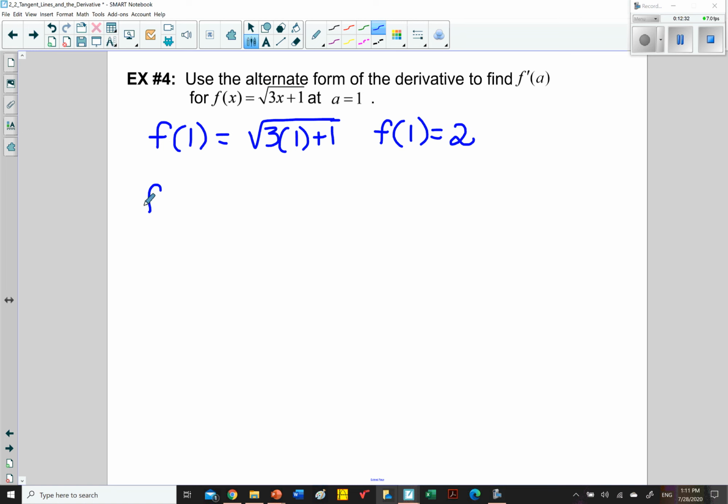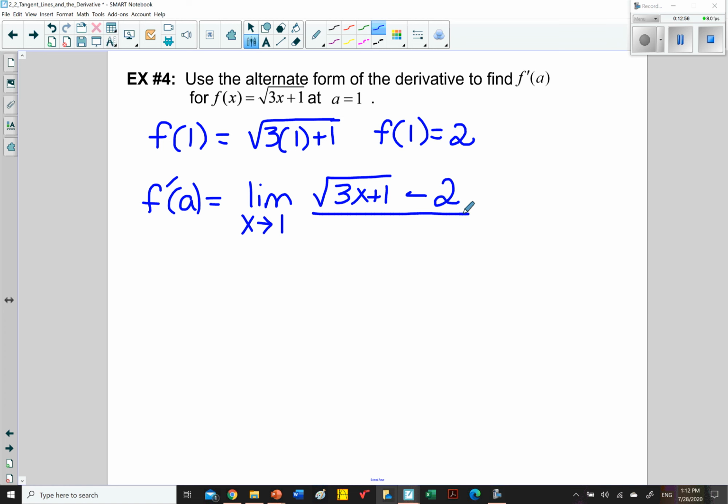And if I apply that rule, f prime of a is the limit as x approaches a for f of x, which is the square root of 3x plus 1, minus the f of a, which we just found out to be 2, divided by x minus a.